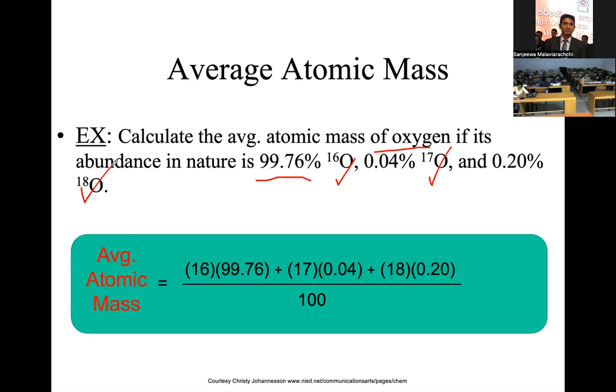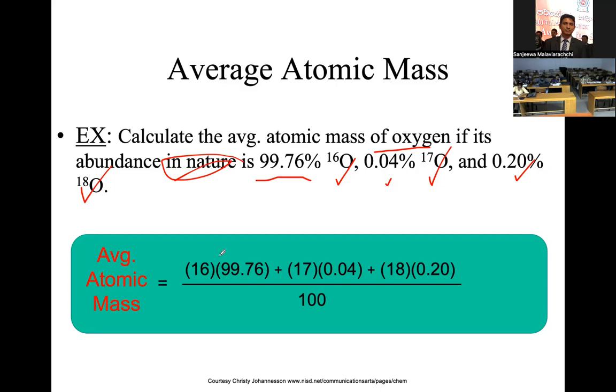Oxygen 16 is 99.76, oxygen 17 is 0.04, and oxygen 18 is 0.2 percent. These are the abundances in nature, in the natural environment. So for the average atomic mass, you have to weight them accordingly.